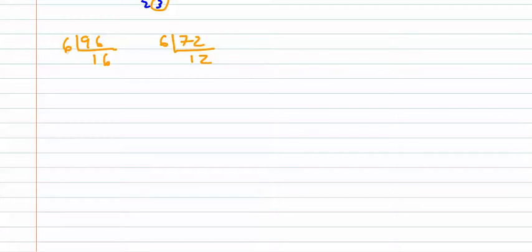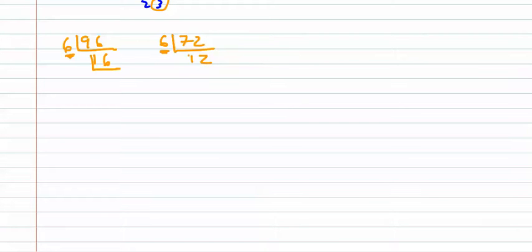So as long as this is the same number, it doesn't have to be prime. You know, you see a number that works, use it. 16 times 6 is 96. 6 times 12 is 72.